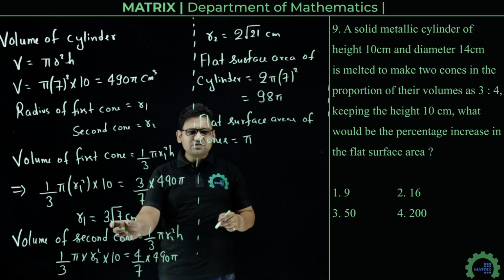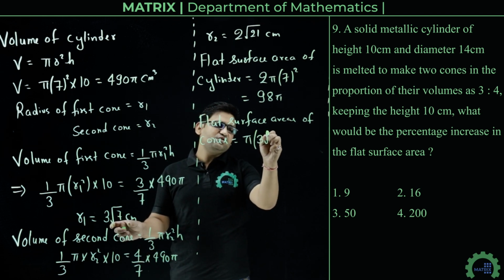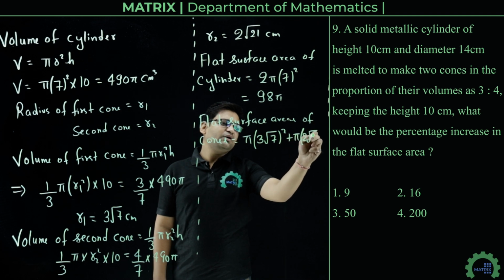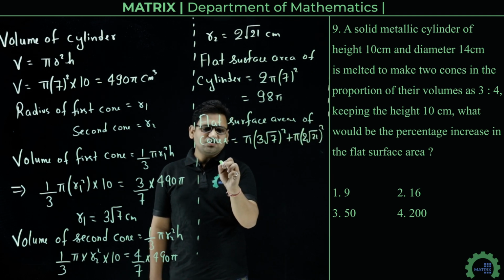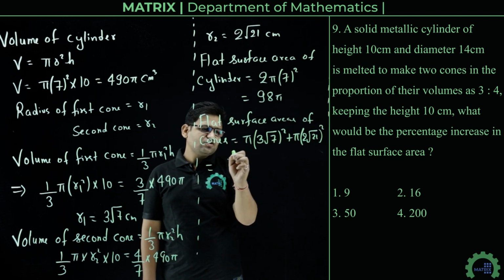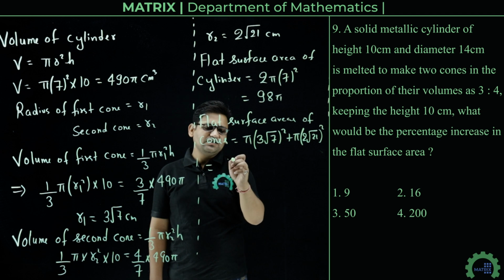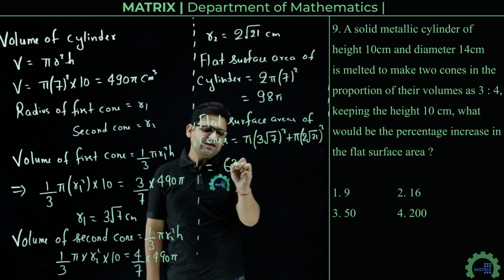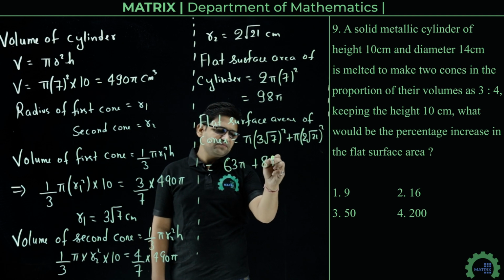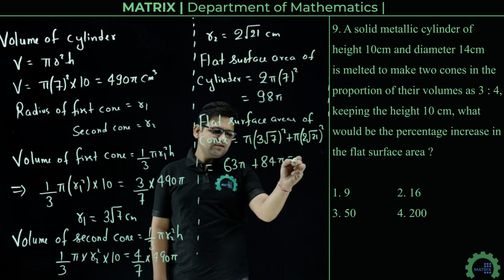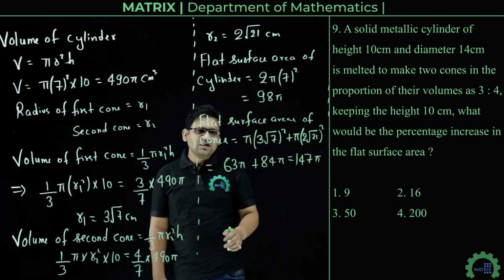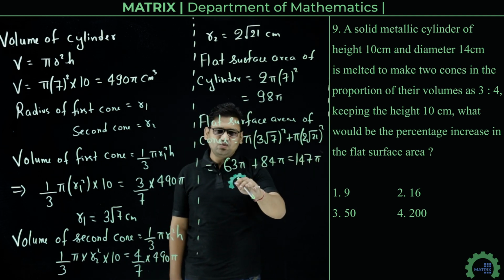So pi into (3 root 7) square plus pi into (2 root 21) square. From here we get 63 pi plus 84 pi. So finally we get 147 pi. This is the flat surface area of two cones.